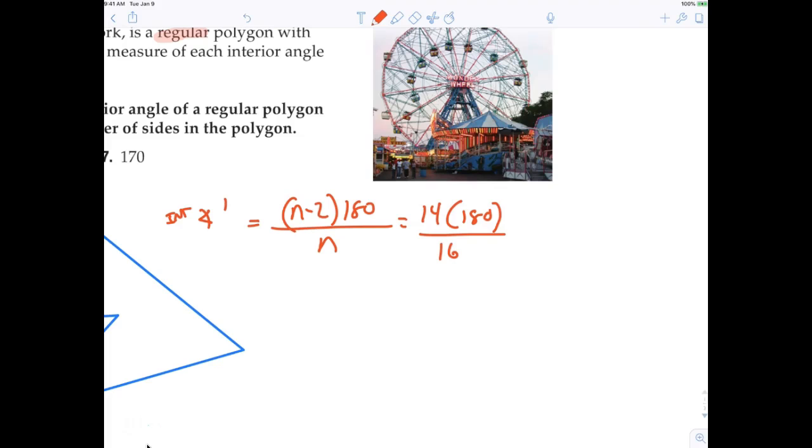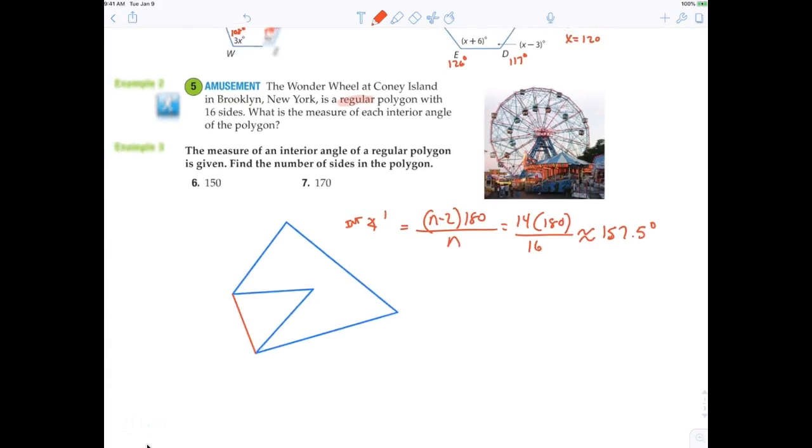So somebody go ahead and tell me what that is about. About 157.5 degrees. Is that right, guys? Somebody double check. 157.5 degrees. Now, again, I just don't think that's that bad. Any questions? All right, let's move on.